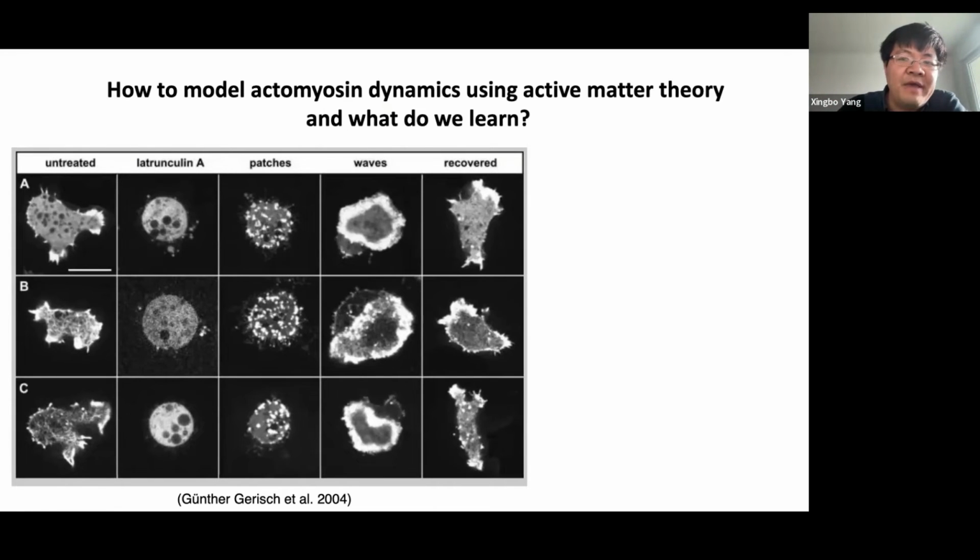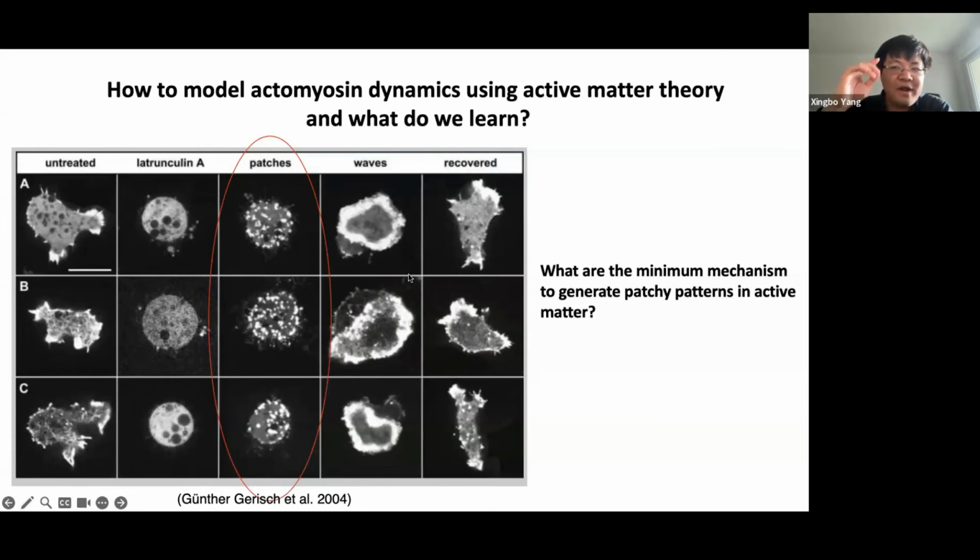Then the waves reach the edge of the cells, and they can become motile again. So this is a highly dynamic process, and what are the minimum mechanisms to generate those patterns?